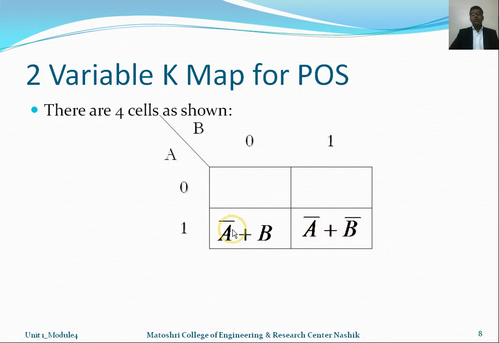Similarly for this location, A value is 1, B value is 0, so A complement ORed with B. In this location, A value is 0 from the row side and B value is 1 from the column side, so this term is A ORed with B complement. And for the last one, A value is 0 from the row side, B value is 0 from the column side, so it's A ORed with B, and this is the two variable K-map for the product of sum.